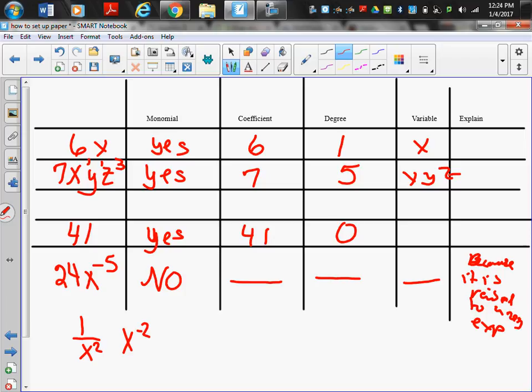So is that a monomial? No, for two different reasons. Number one, it's not a product. The only thing you can have is multiplication, and this is a division problem. Also, when you flip it to make it an equivalent, it has a negative exponent.